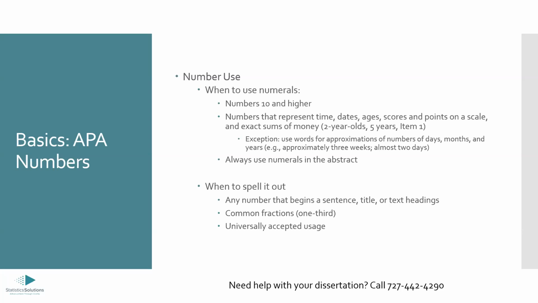And so if it's 2 years old or 5 years old or item 1, or if you're talking about $5, even though those are under 10, because they're denoting time, date, age, scores, money, that means that you're going to use the numerals rather than spelling it out.